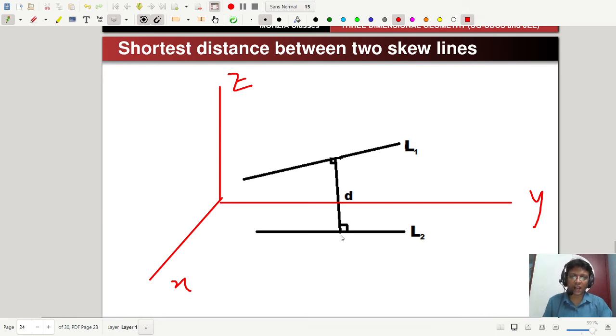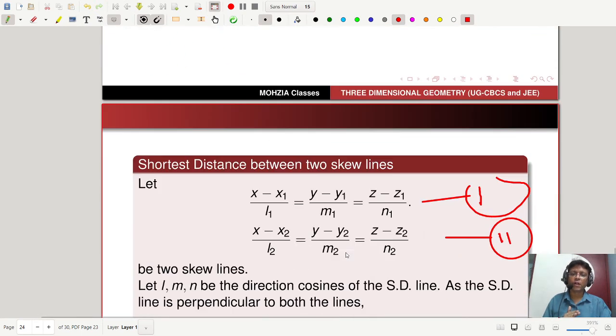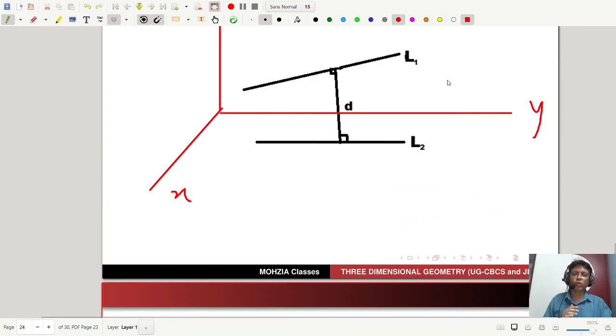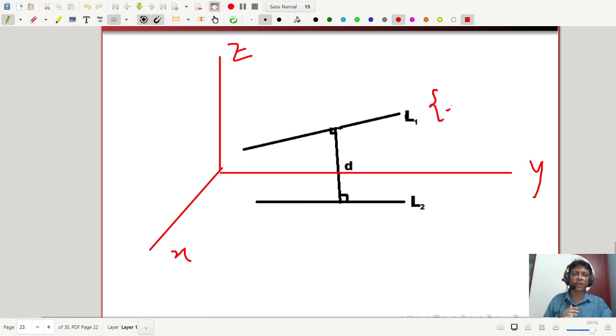So along the line you assume a vector whose direction vector has components l, m, n, the direction cosines of the shortest distance line. If this is perpendicular to both, this is the direction vector of the first line, and this is the direction vector of the second.